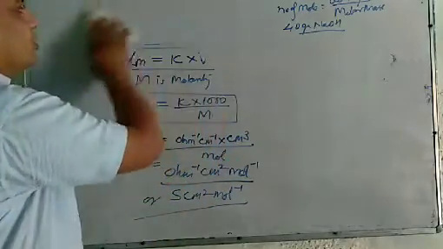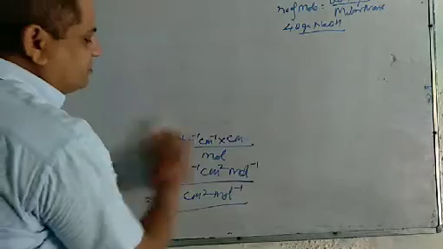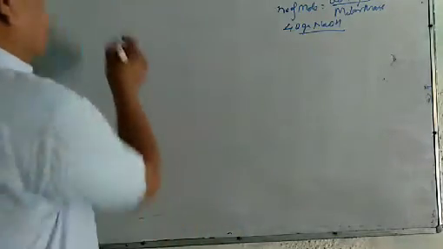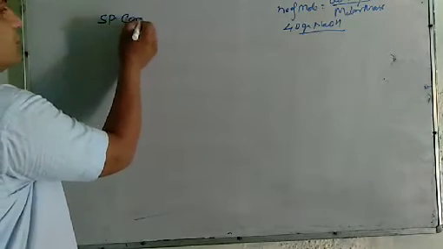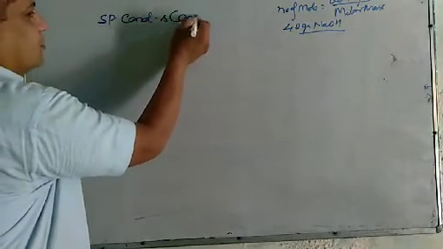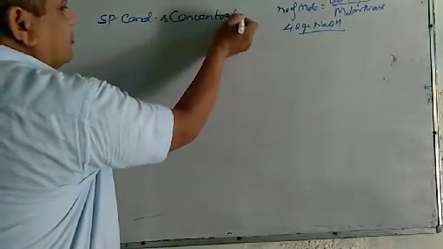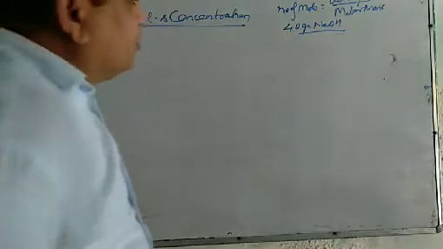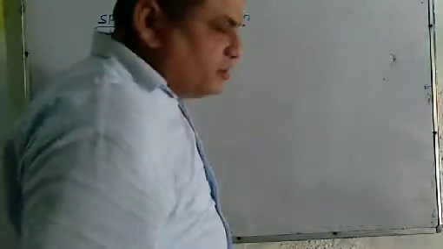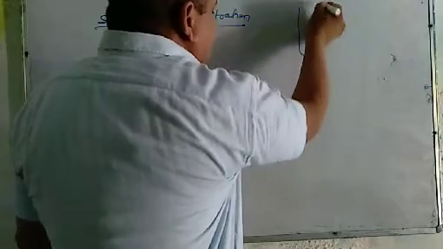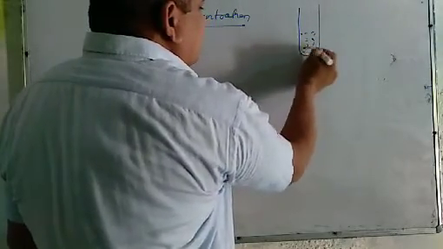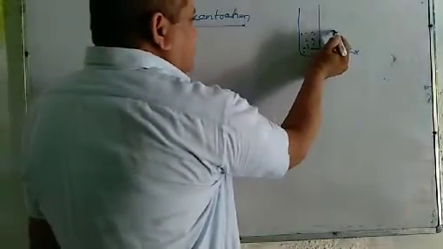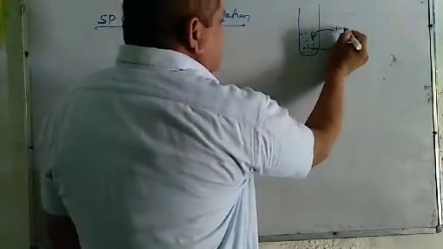Now come to the topic variation in specific conductivity with concentration. To understand the topic, let us take half glass of water and add 1 spoon salt.